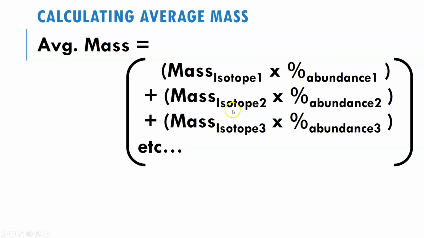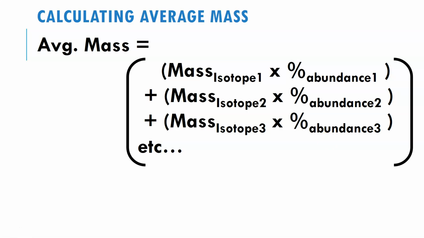Then you add to that the mass of isotope number 2 multiplied by its abundance. Then you add to that the mass of isotope 3 multiplied by isotope 3's abundance. So if you only have 2 isotopes, you only do this twice. If you have 3, you do it 3 times. If you have 7, you do it 7 times. But you can see it's very repetitive. Mass times abundance plus mass times abundance plus mass times abundance over and over again.